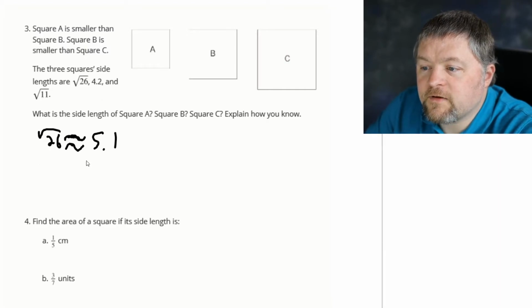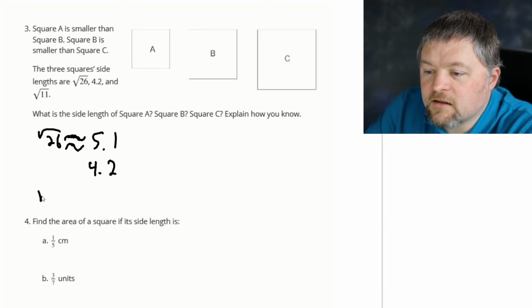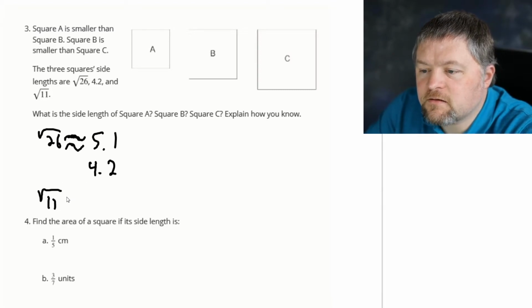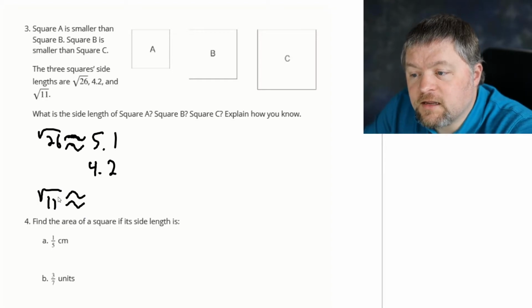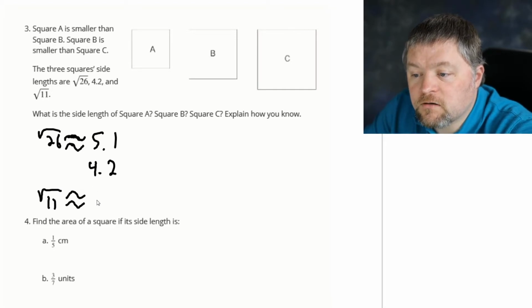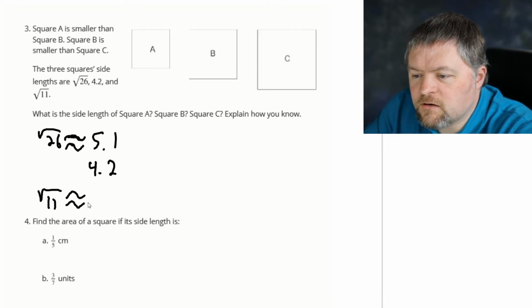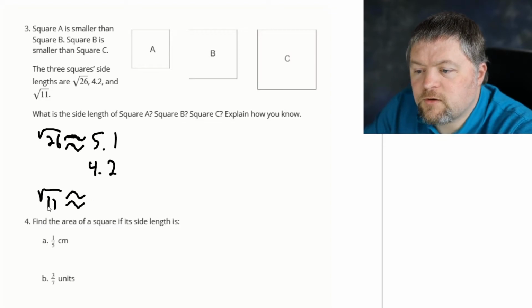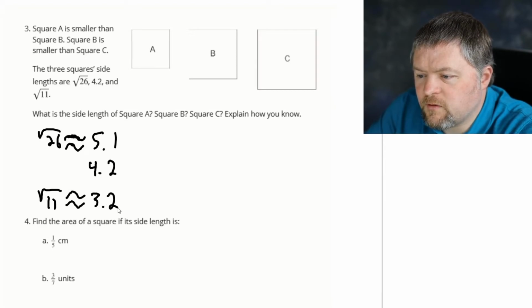The other one we have is 4.2, and the square root of 11, well, the square root of 9 is 3, and the square root of 16 is 4. So this has to be a little bigger than 3 and less than 4. Square root of 11 is closer to 9 than it is to 16, so let's call that 3.2.